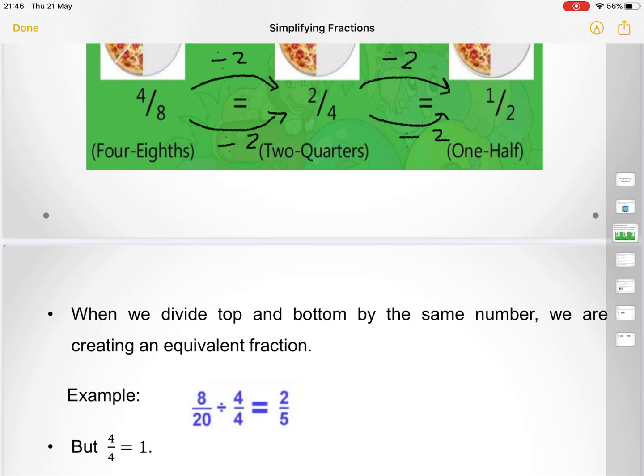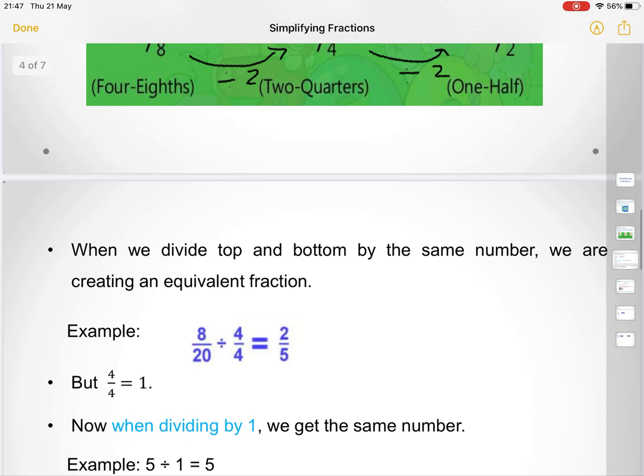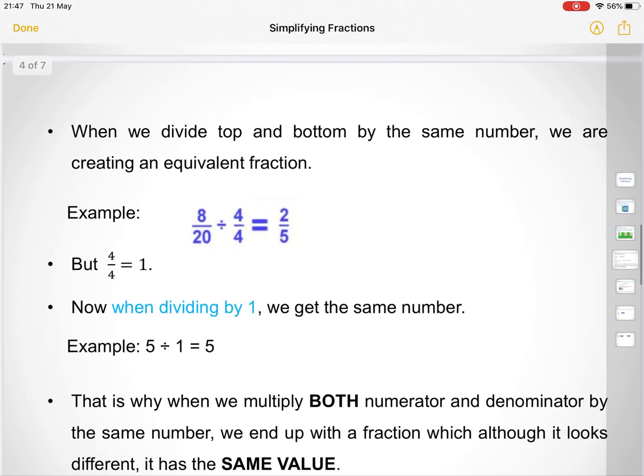So I divide the 8, the numerator, by 4, which is equal to 2. And I divide the 20, the denominator, by 4, which is equal to 5. And the fraction becomes 2/5, okay?